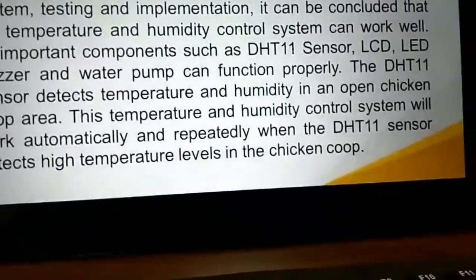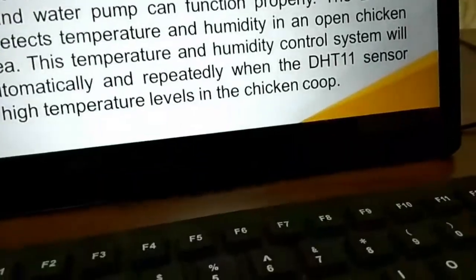Okay, we continue to the conclusion. We get the conclusion in our presentation now.